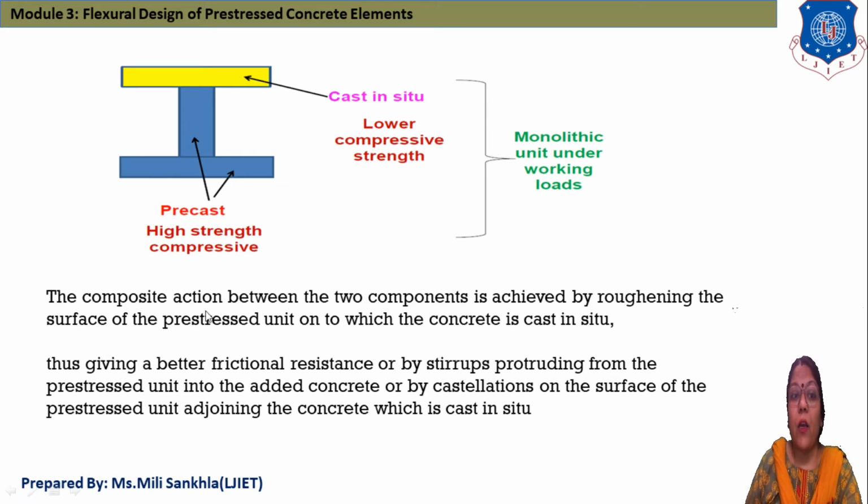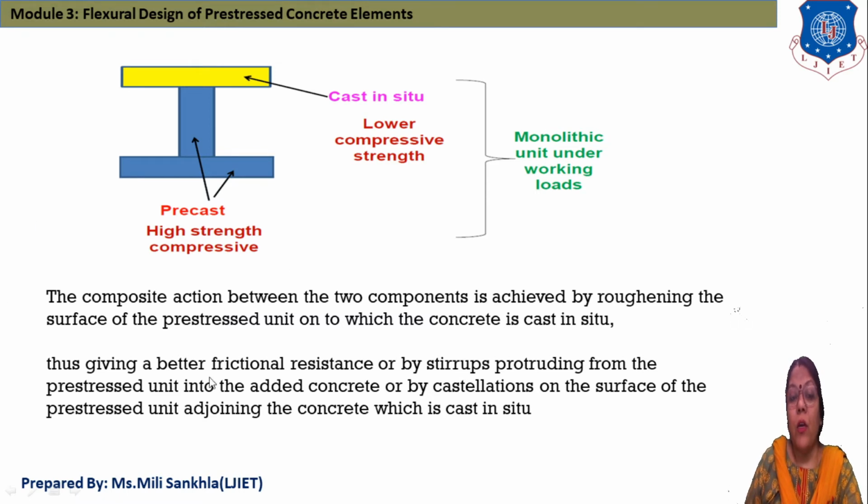Next, composite action between the two components is achieved by roughening the surface of the prestressed unit onto which concrete is cast in situ. To act as a composite member, the surface between the cast in situ and the precast member is roughened, and this is ultimately converted into composite action.